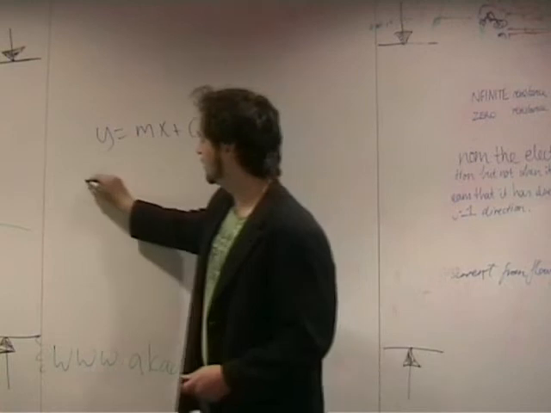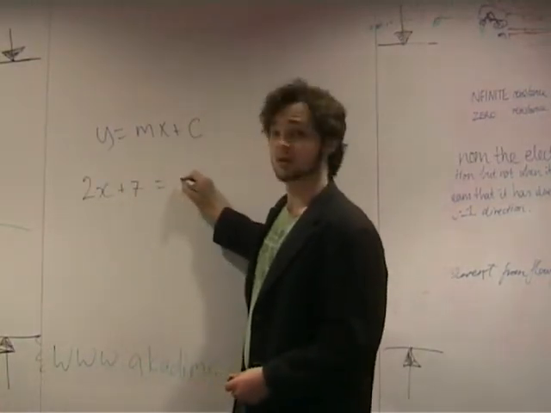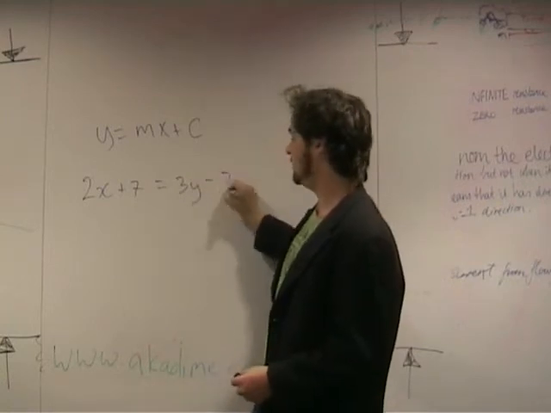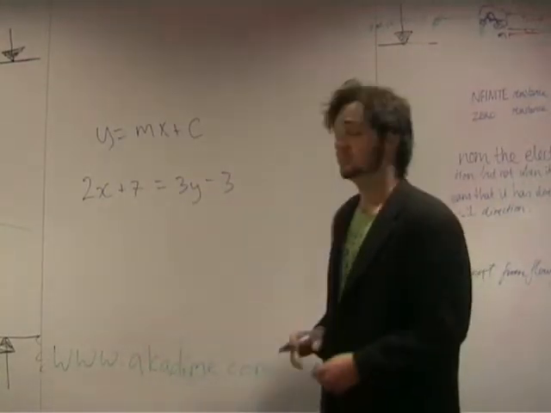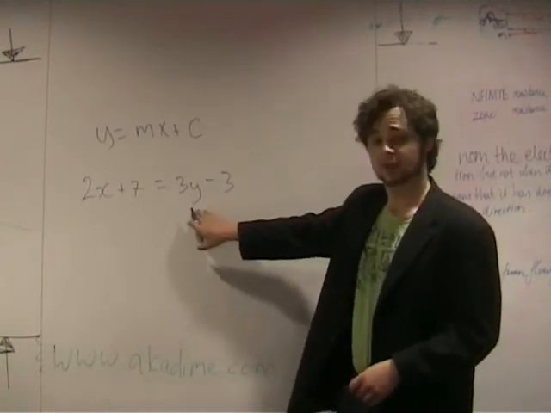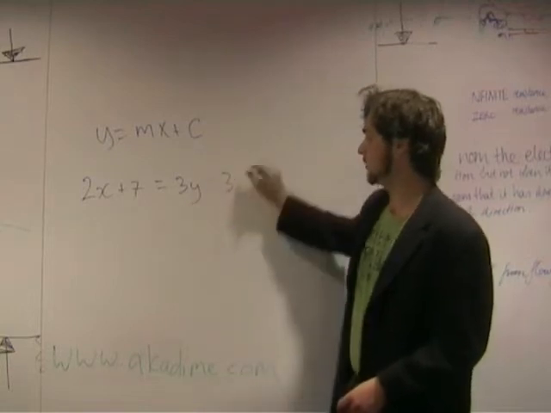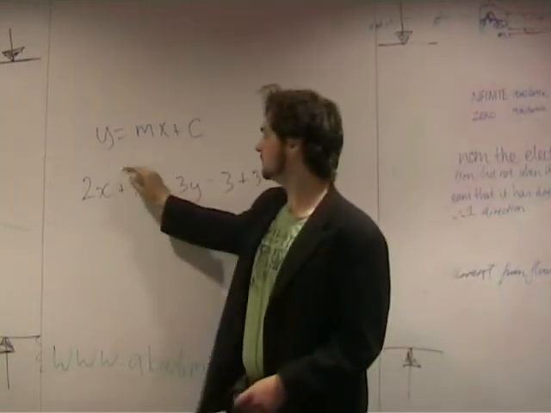We go 2x plus 7 equals 3y minus 3. Remember, the purpose here is to get y by itself. So the first thing we're going to do is get rid of this number here, so we're going to plus 3 to both sides.